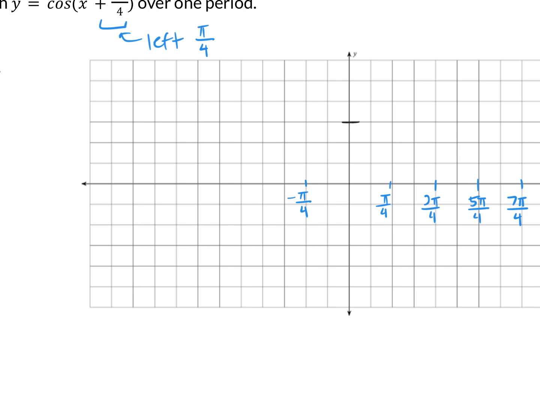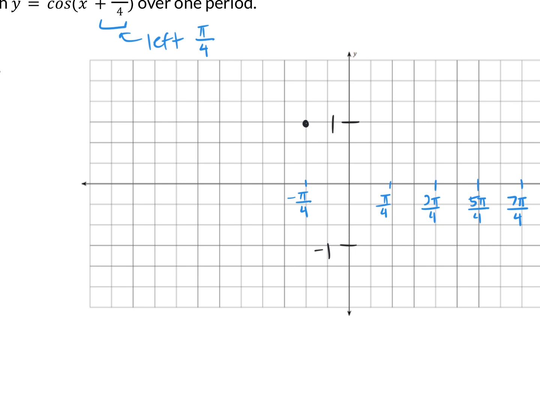Okay, we'll call this my 1 up here, -1 down there. And I can just go ahead and plot these points. So I'm starting at 1, I go down to 0, and then I go down to -1, up to 3 pi over 4.